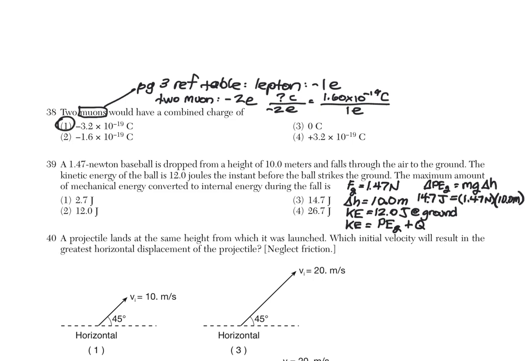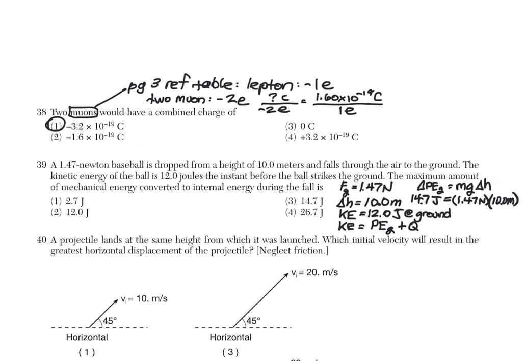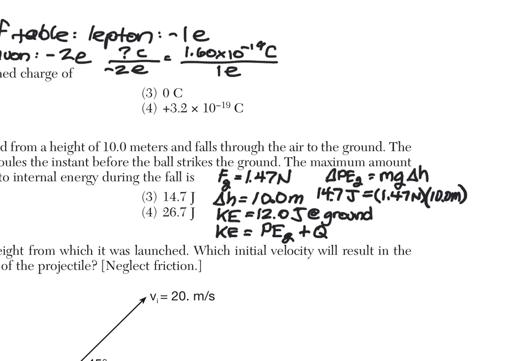We already have mg in the form of the weight, so we don't have to go and get the mass and multiply by 9.81. We already have the weight, the 1.47 newtons, that is equal to mg. So we'll multiply 1.47 times 10. And so the change in gravitational potential energy is 14.7 joules.